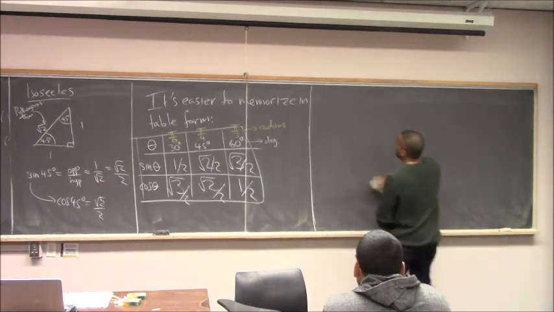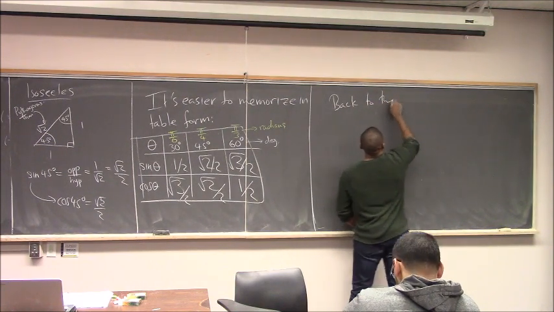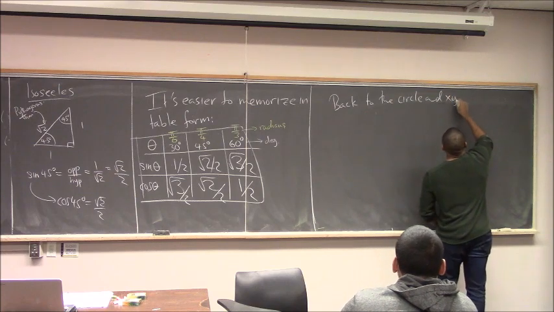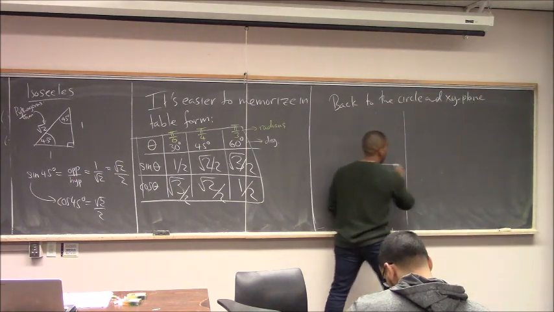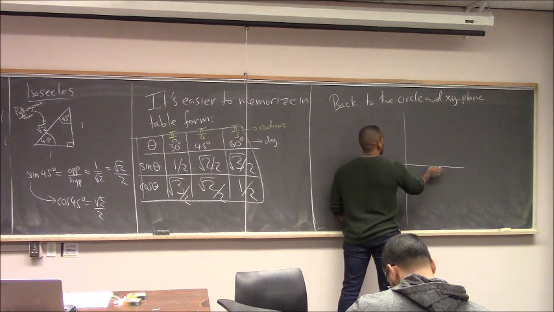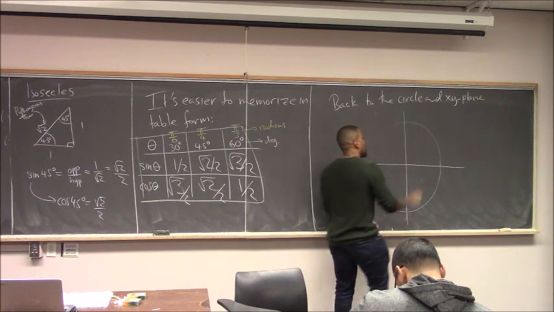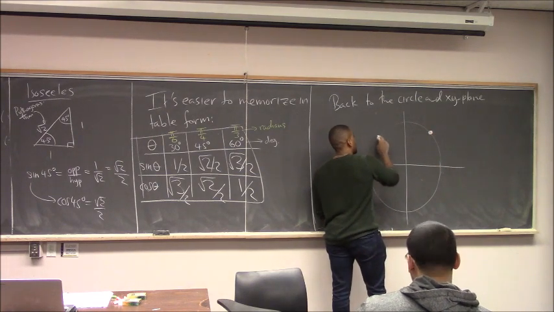Okay, so back to the circle and XY plane. Now here's something that we'll notice. Say I'm on a circle over here, and let's say I'm picking points in each quadrant.